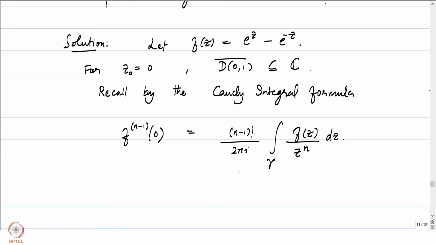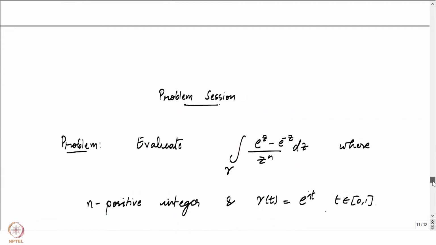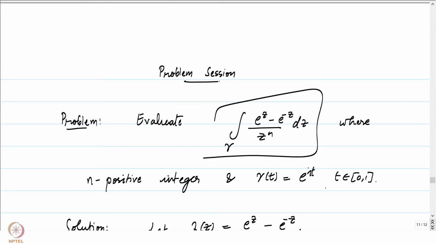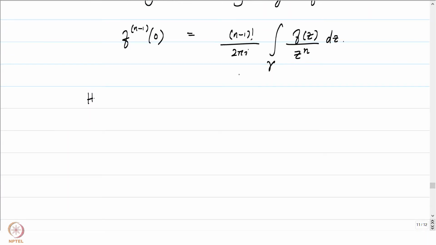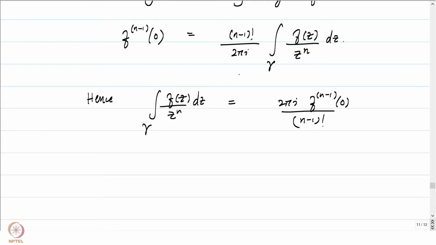If you notice, this is precisely what we were trying to compute here, isn't it? So, we are in good shape, because hence we have the integral of f of z by z to the power n dz over gamma equal to 2 pi i times the n minus 1th derivative of f at 0 by n minus 1 factorial. This is precisely what we get.